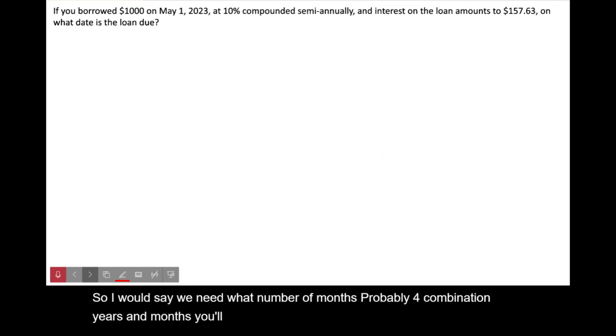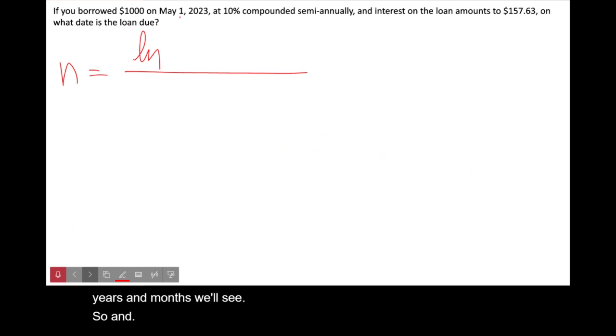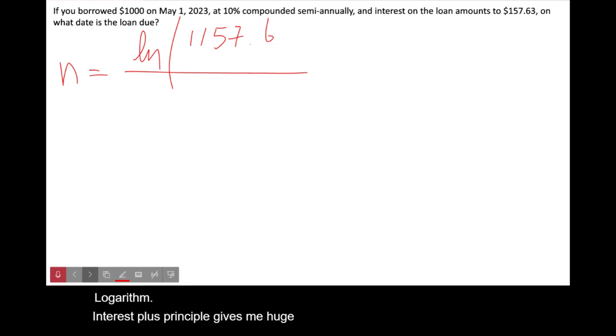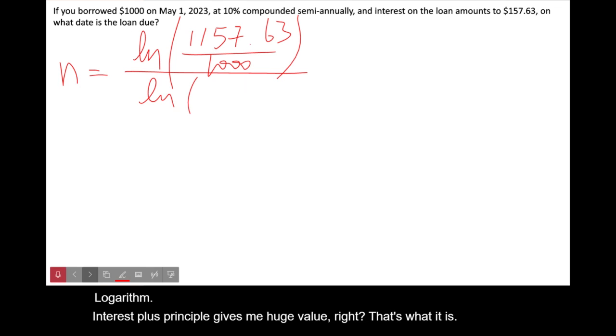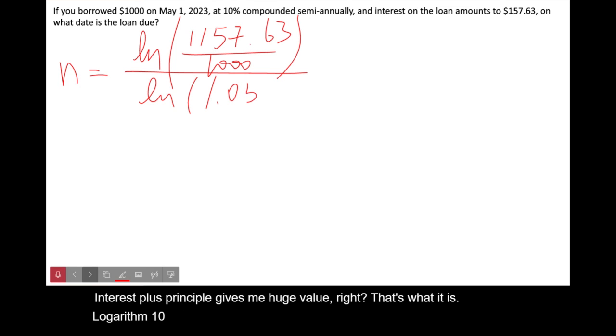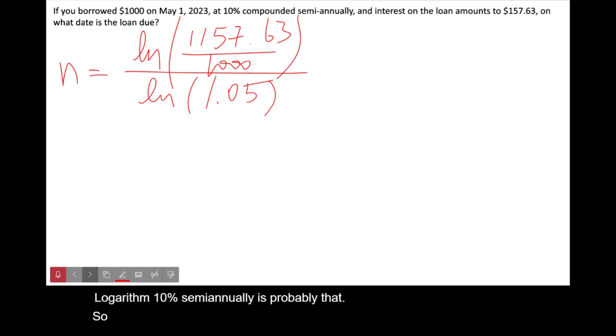We'll see. So n is logarithm. Interest plus principal gives me future value, right? Logarithm 10% semi-annually, it's probably that. So let's calculate.